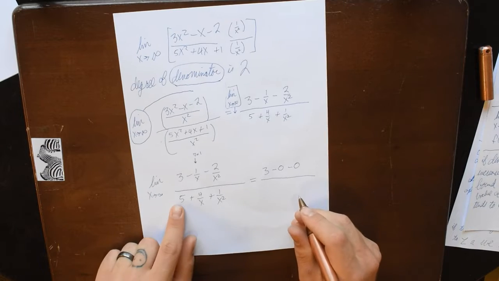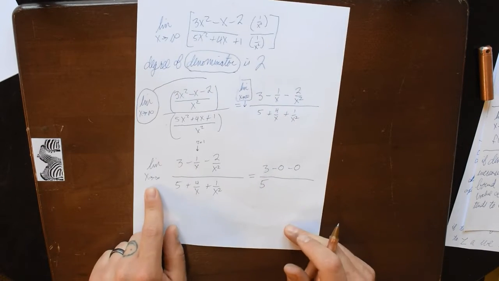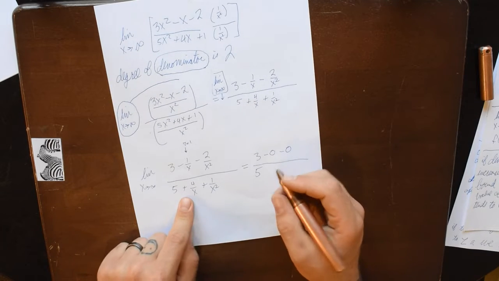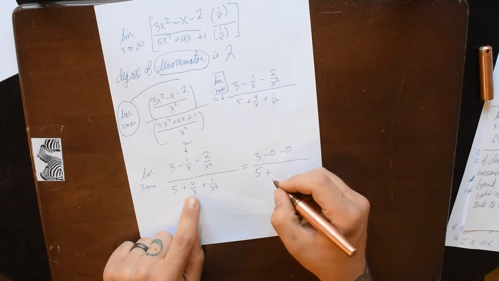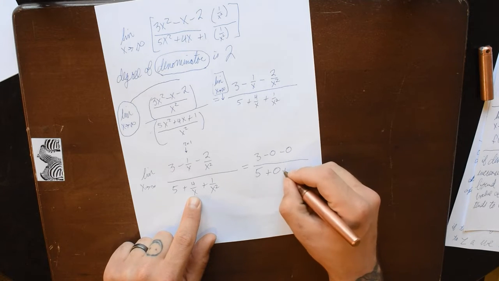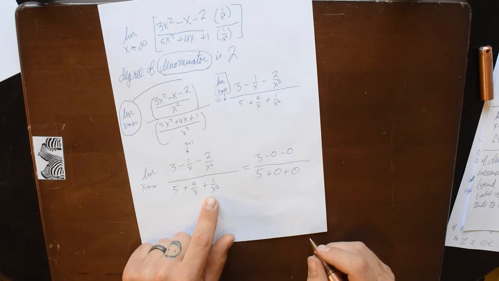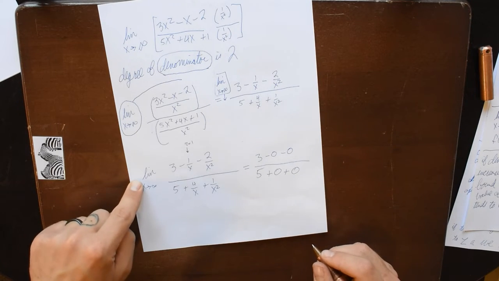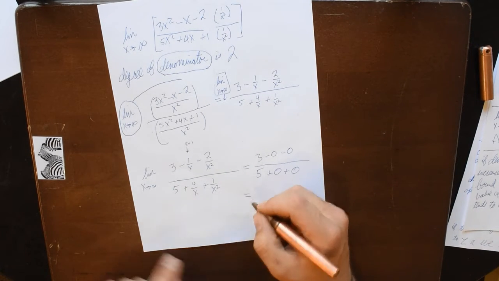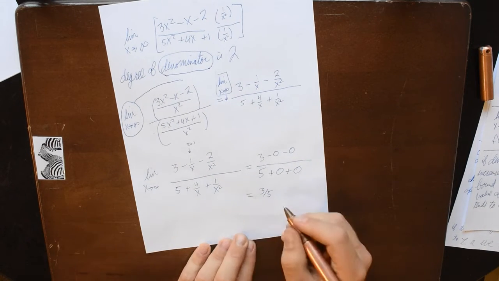Similarly, in the denominator, this 5 kind of avoids the impact of x going off to infinity. We'll have plus 4 divided by x, as x gets really big, tends to 0, plus 1 over x squared, as x gets really big, tends to 0. So the value of this limit is equal to 3/5.